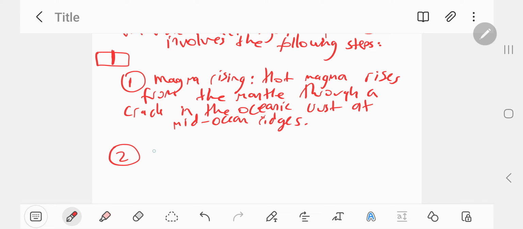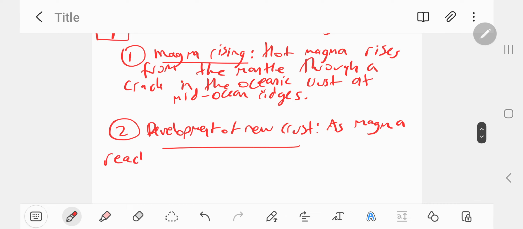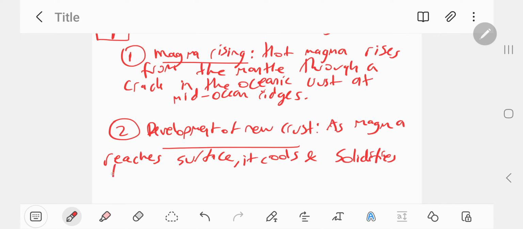Step 2 is development of new crust. Just as hot candle wax solidifies when it cools, same thing with magma, right? So you can write: as magma reaches Earth's surface, it cools and solidifies, forming new crust.